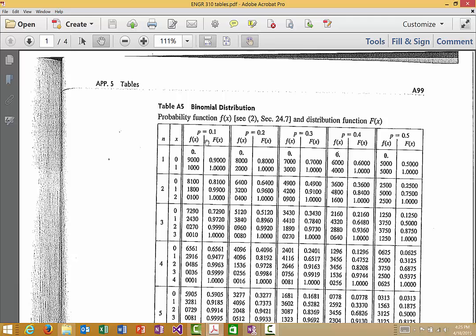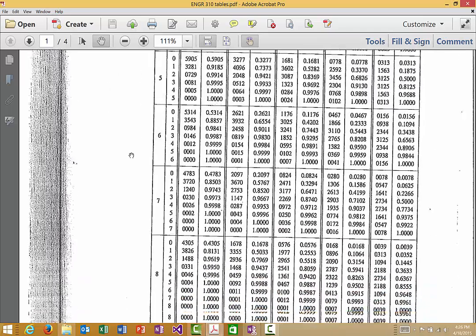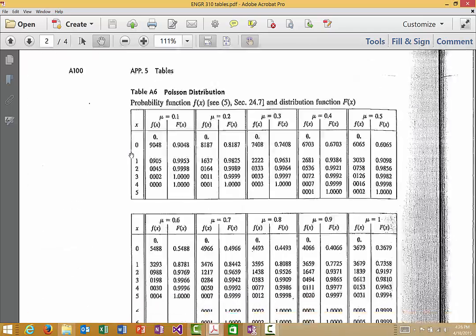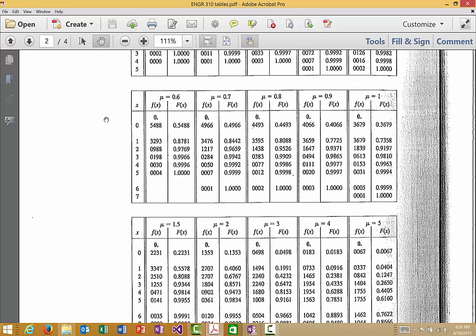Actually you have little f of x and capital F of x. Remember, little f of x is the probability function, and capital F of x is the distribution function, or cumulative distribution function. For the binomial distribution, that formula is pretty easily calculated using a calculator, so this table you might not refer to as much, but some of the other tables will be more useful to you. We will be referring to those in future problems.